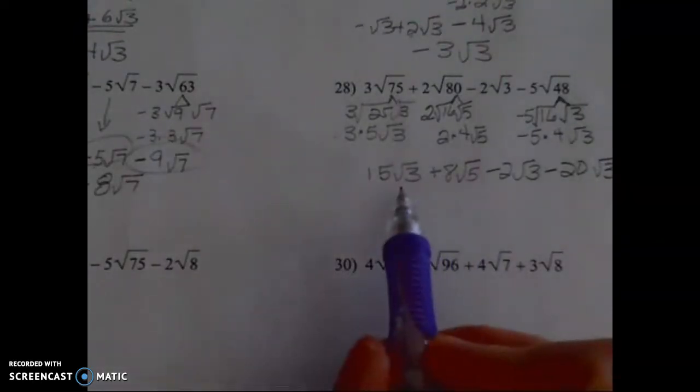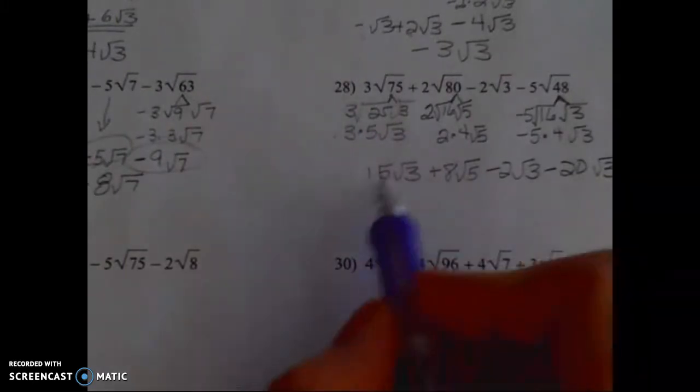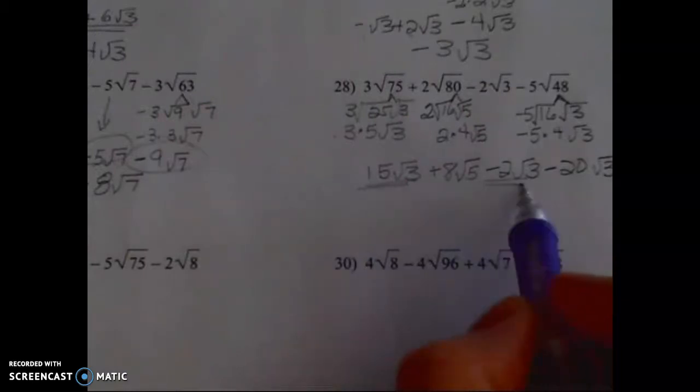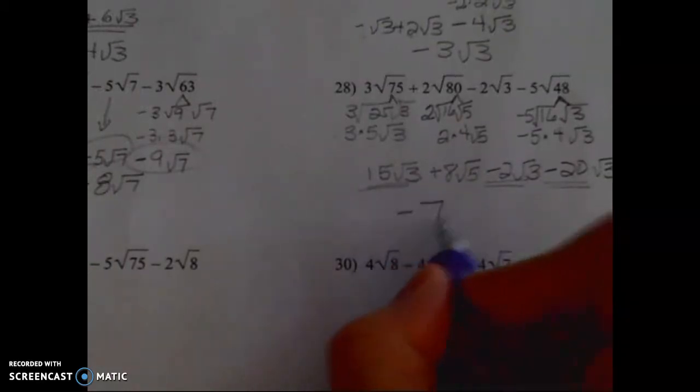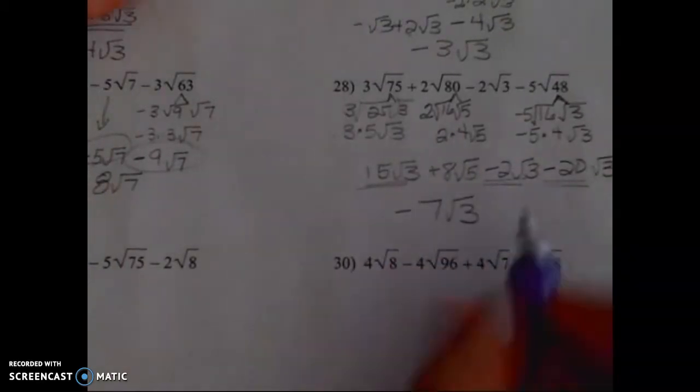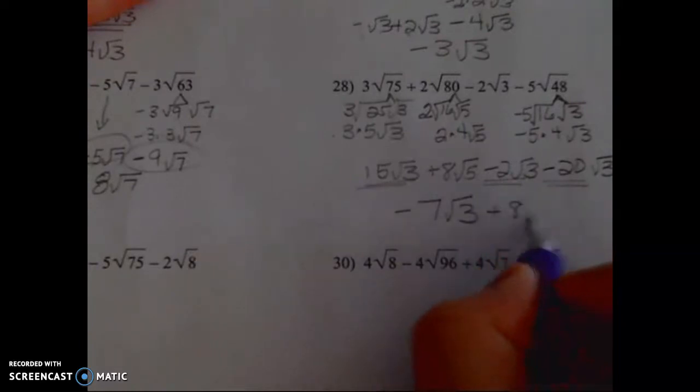Then you put those like terms together. So the root 3's are smaller. 15 minus 2 is 13. 13 minus 20 is negative 7. And then I have that 8 root 5.